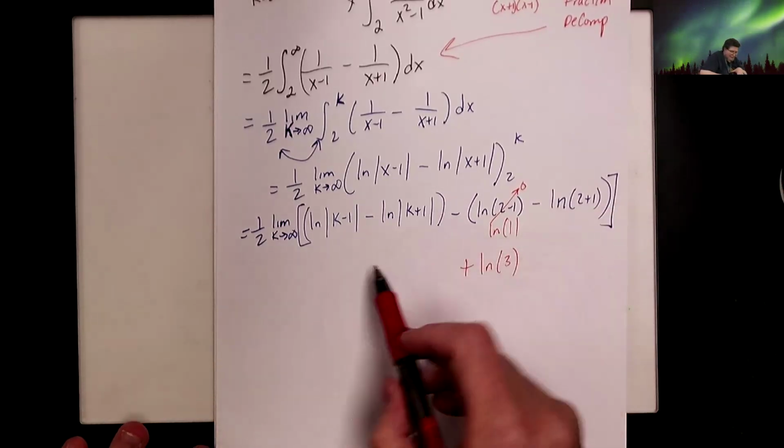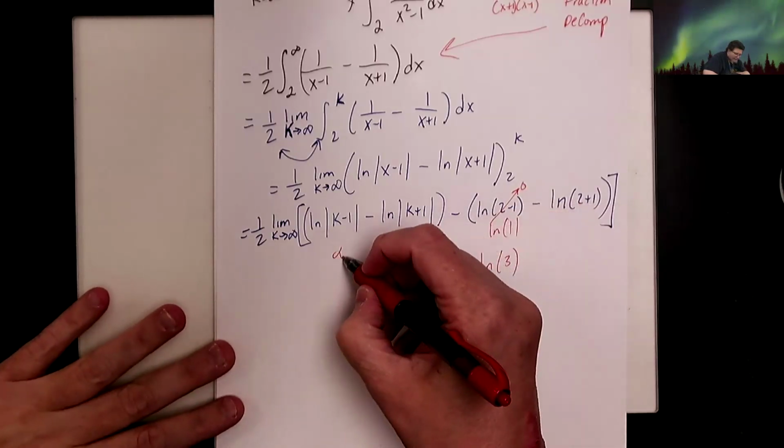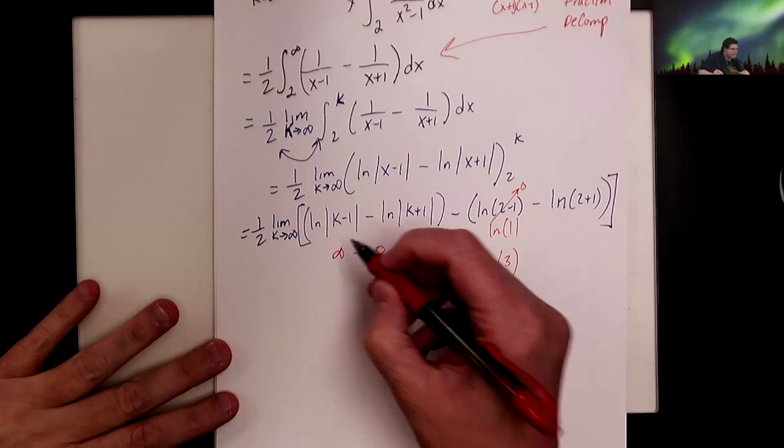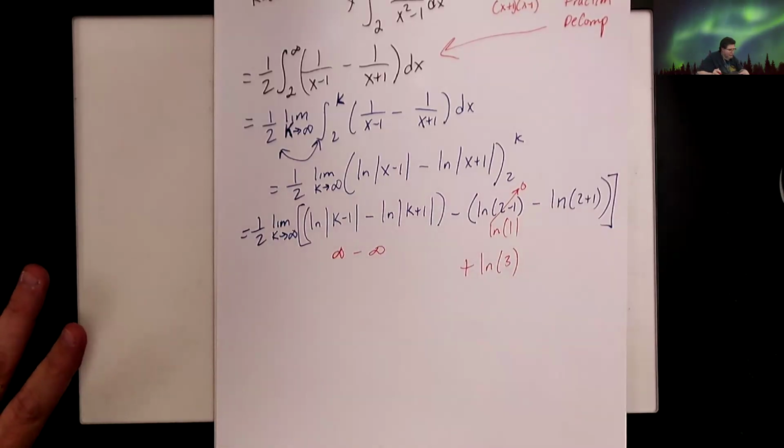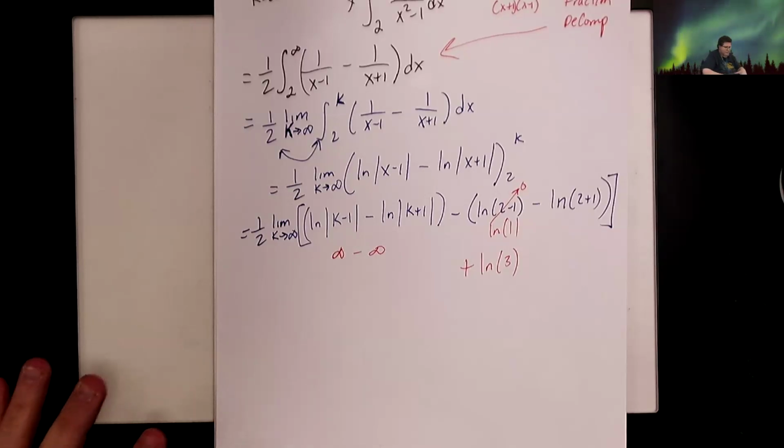What's going on in here, though? If I plug this in, it kind of looks like infinity minus infinity. That's not good. That doesn't tell us a lot. So you might want to say, what can we do about this? Well, what's the property of natural log with subtraction?